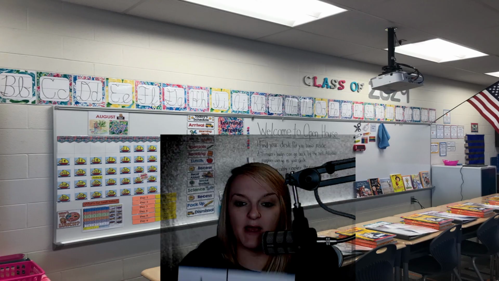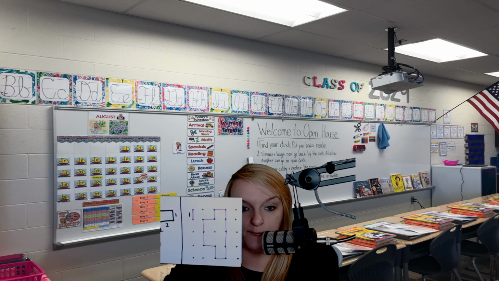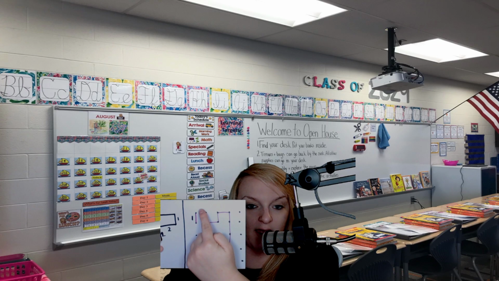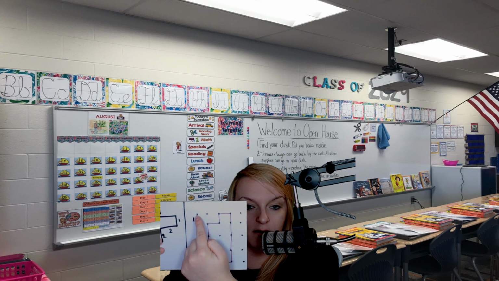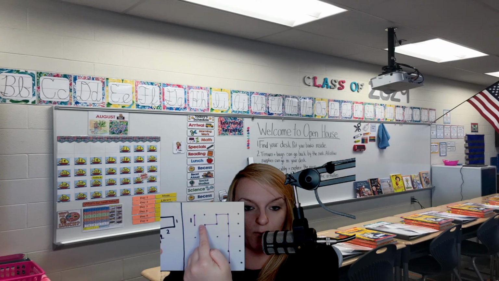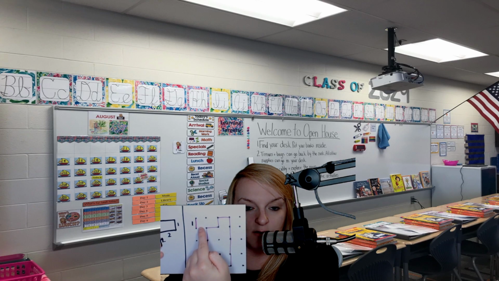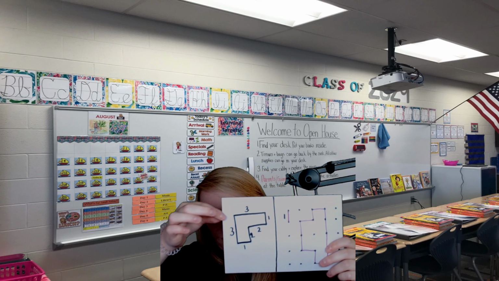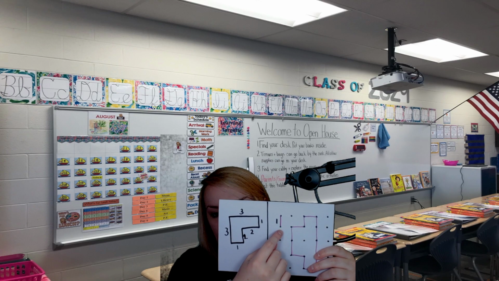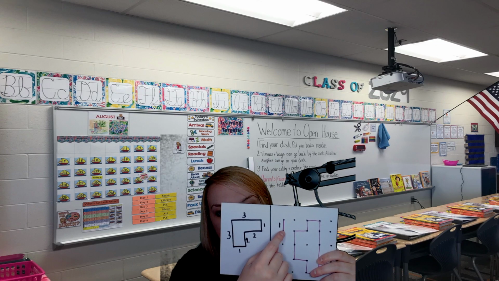Okay? The main thing that we need to know when we see dot or grid paper is that every line that is between one dot and another dot, just like this little pink one over here on the side that I've drawn, is equal to 1. Okay?